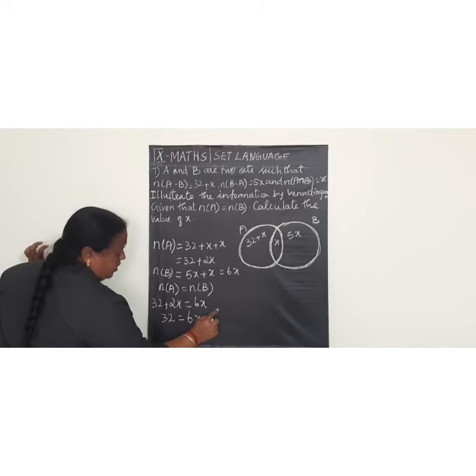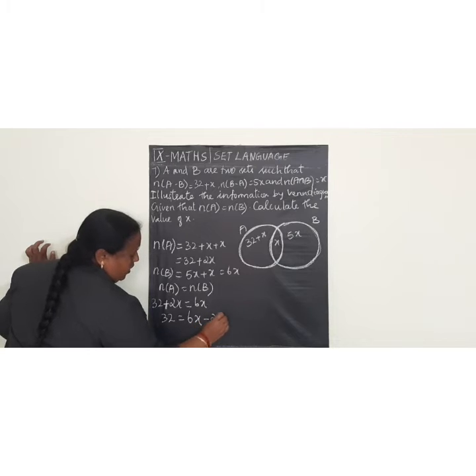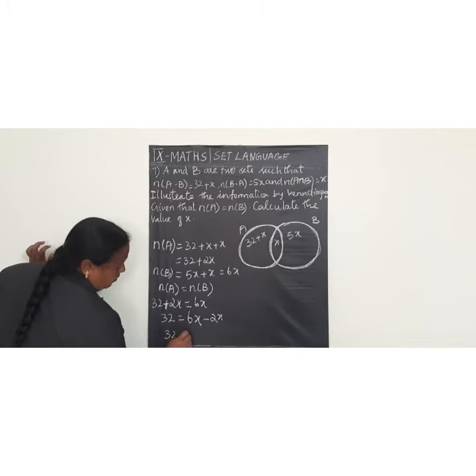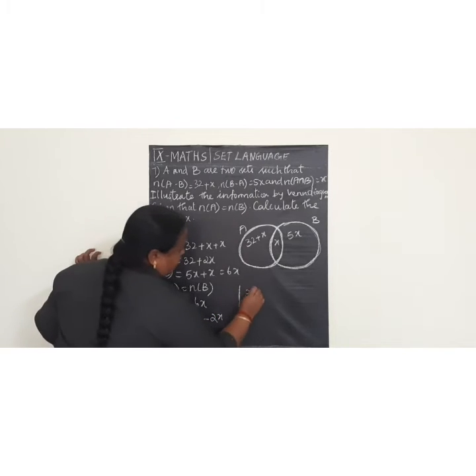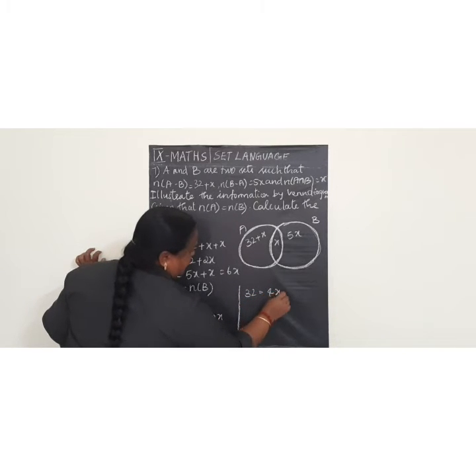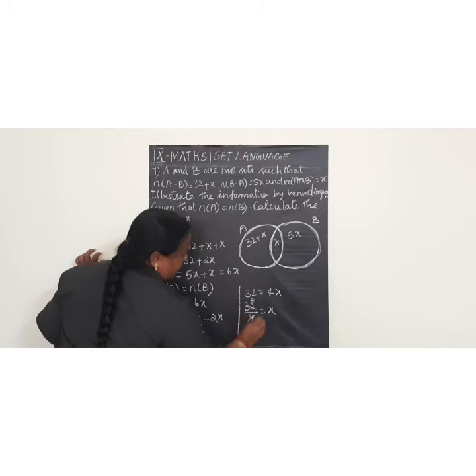Bring this 2x to this side: plus 2x becomes minus 2x. So 32 is equal to 4x. So x is equal to 32 by 4, which is 8. Therefore x is equal to 8.